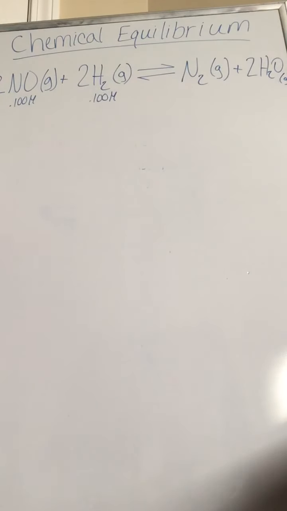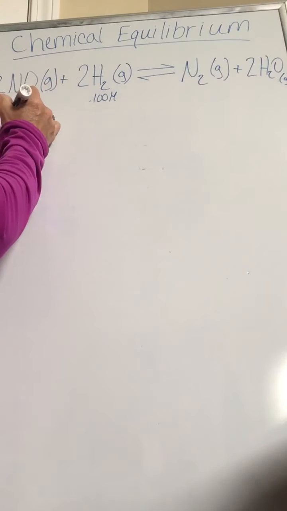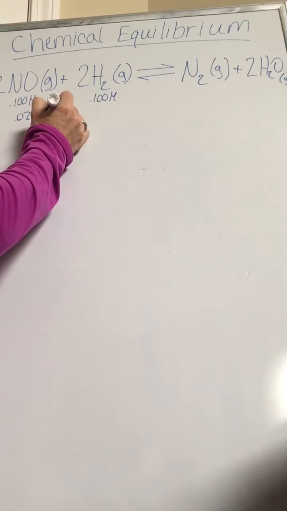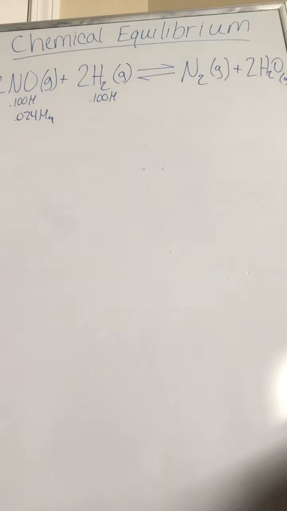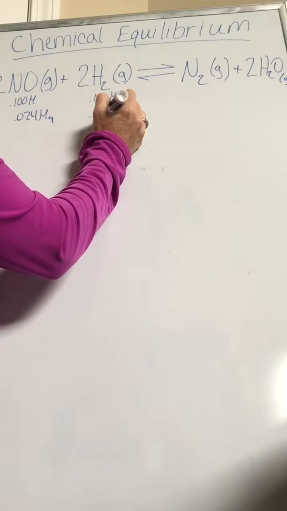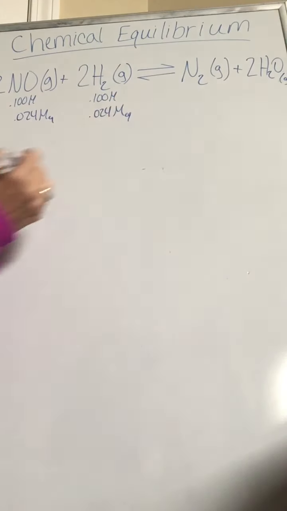And then at equilibrium, the concentrations of NO and H2 are 0.024 molar. So 0.024 molar, and this is at equilibrium, and this one is also 0.024 molar at equilibrium.